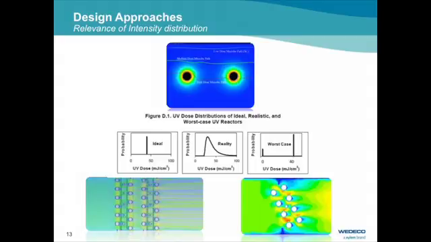And here you see a comparison of two systems, and you see that in this reactor system, the dose distribution is fairly even. The colors are about the same, whereas here, the dose distribution varies a lot, with very weak areas here and very strong areas here in the middle between the lamps. And in order to achieve the best performance possible, a very uniform dose distribution is desired.